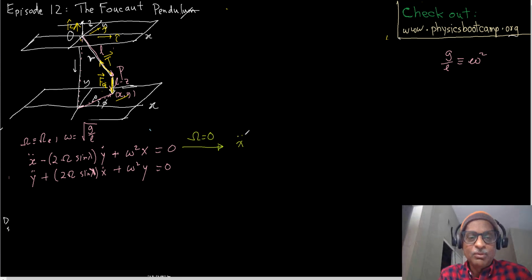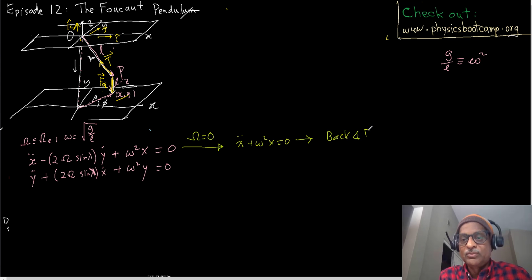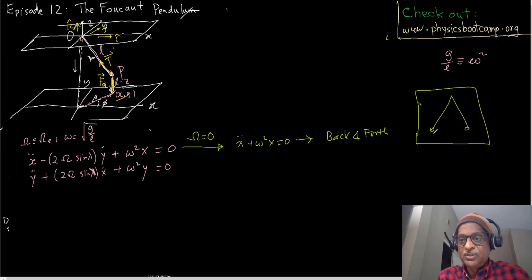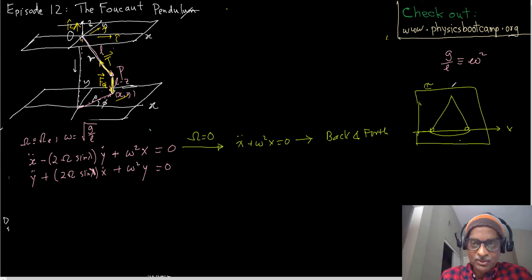Then you should have x double dot plus omega squared x equal to 0, and this will give you back and forth motion of a pendulum just on a plane, staying in this plane. So if you start in x, it's going to just keep going back and forth in the x direction. And if you look at the shadow, the shadow will go back and forth on the x-axis.